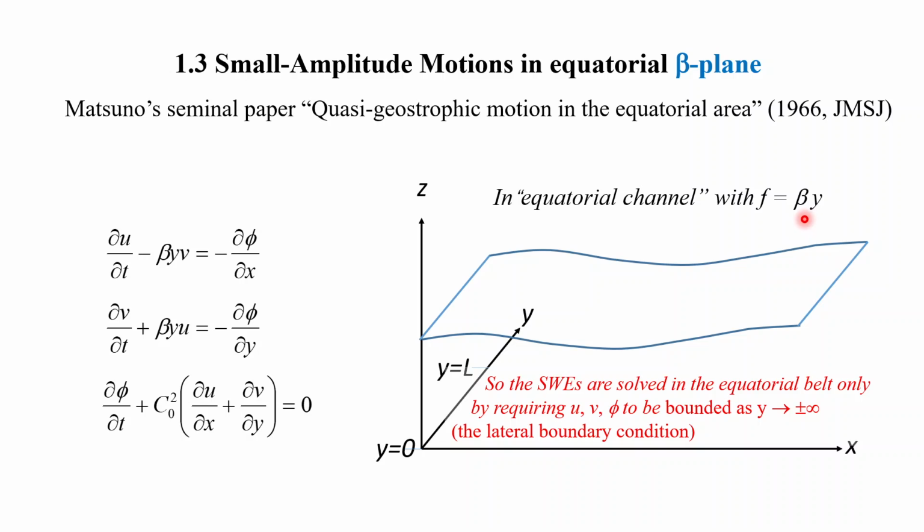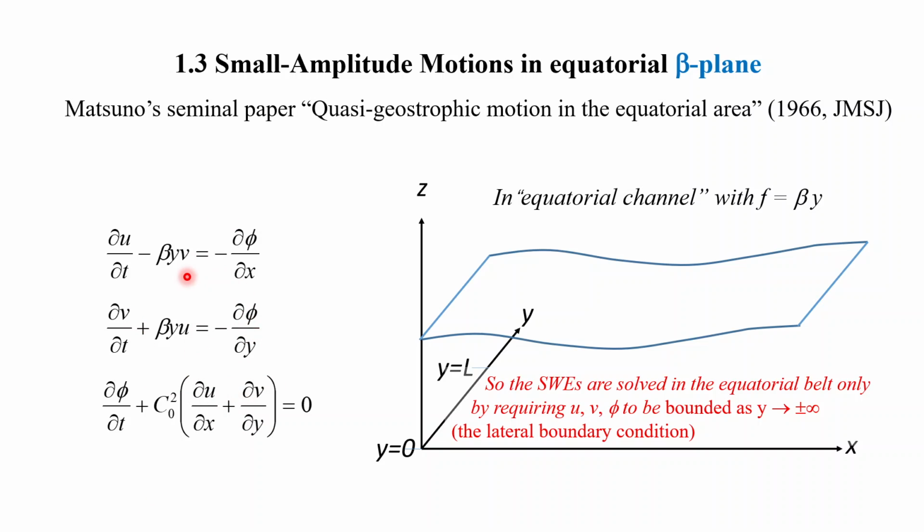For the area or latitudes beyond the tropical belt, the beta plane approximation is not valid anymore. So the shallow water equation has to be solved in the equatorial belt only. This can be done by requiring u, v, and phi to be bounded as y approaches infinity. This is actually the lateral boundary condition for the set of shallow water equations.